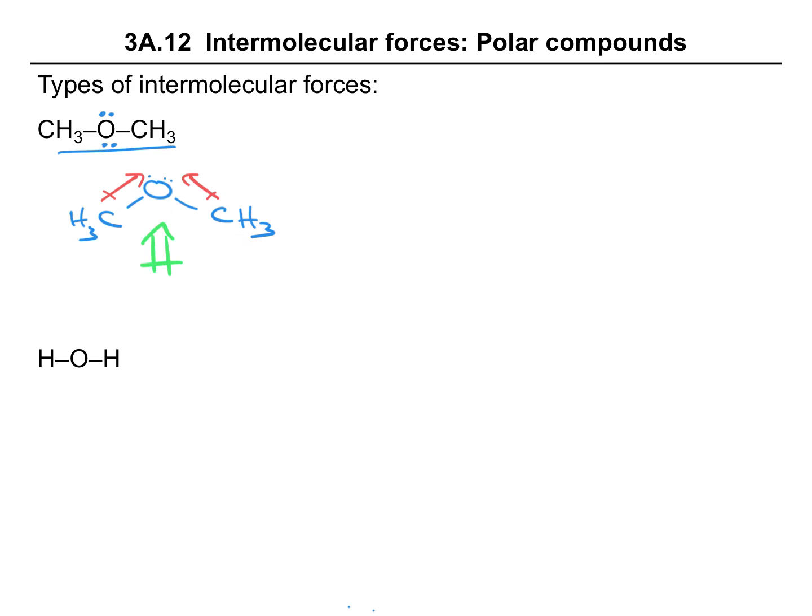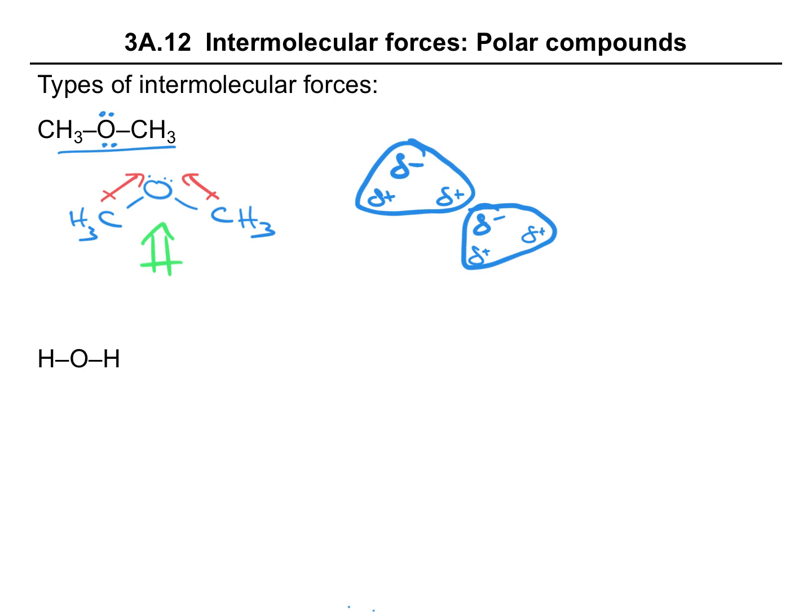Now let's try to think about how one molecule of dimethyl ether interacts with another molecule of dimethyl ether. And we're going to get really fancy here and represent dimethyl ether as a blob. And so we're going to have a partial negative where the oxygen is and a partial positive where the methyl groups are. Now this molecule can line up with another molecule where the partial plus of one molecule is going to be close to the partial minus of another molecule.